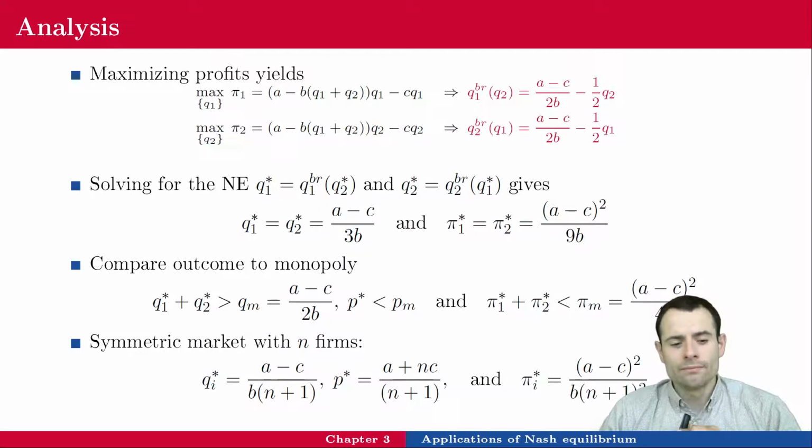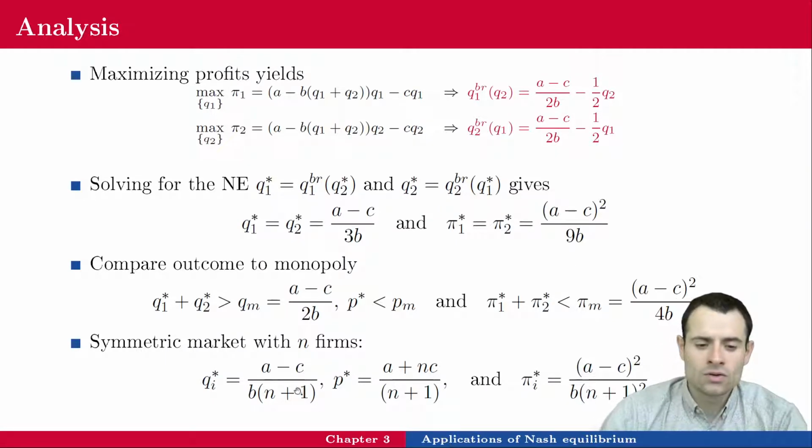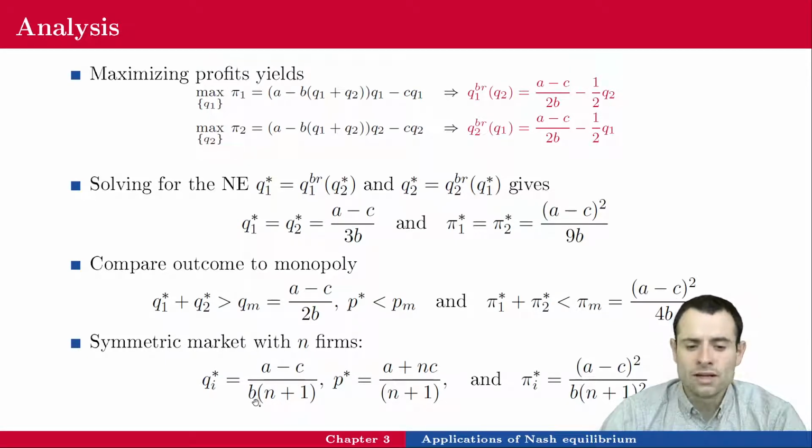More generally, you can solve the same problem if you have more than two firms. Imagine you have n firms. N could be 10, 30, 40, and so on. Doing the math would give you Qi equals A minus C over B times n plus 1.